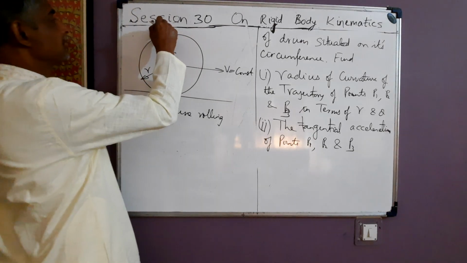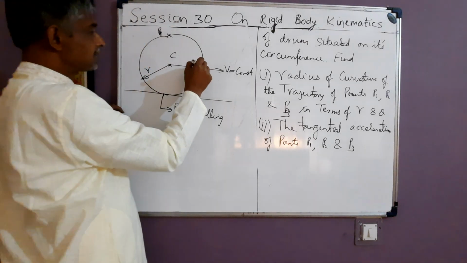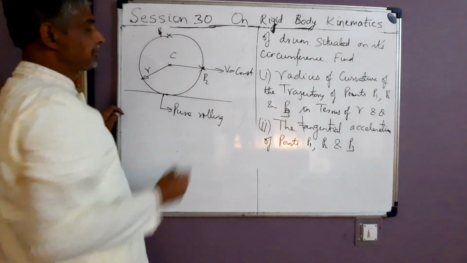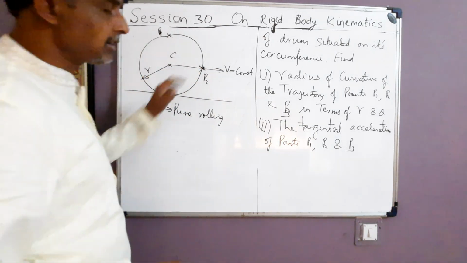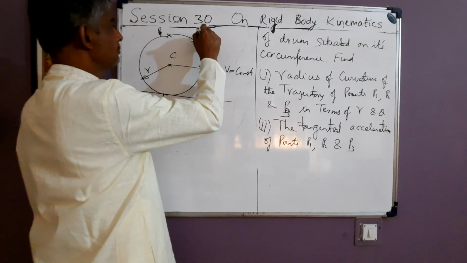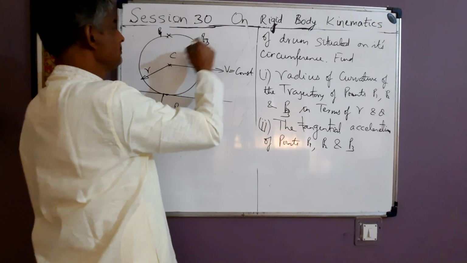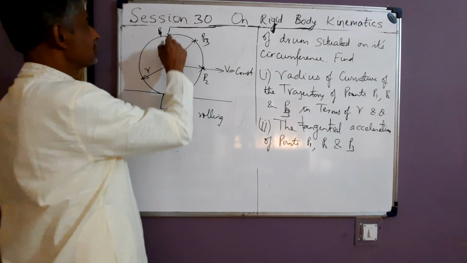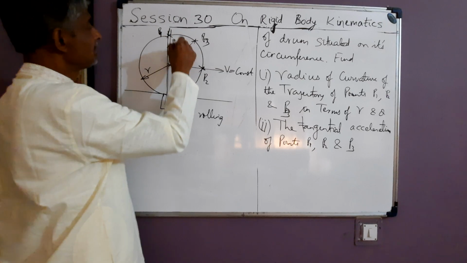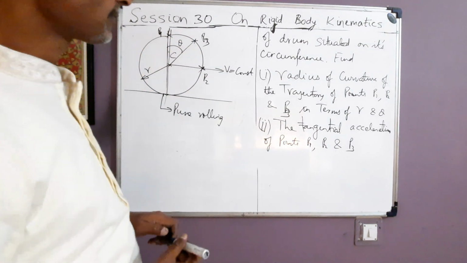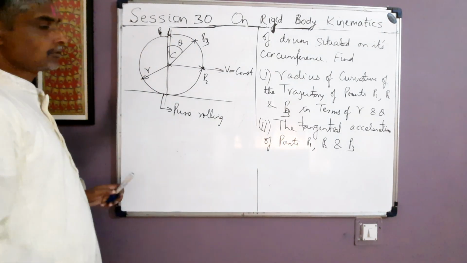P1 is the highest point of the drum at a certain instant. P2 is the point on the circumference at the same horizontal level as the center. And P3 is the point on the circumference which makes an angle of theta with the upward vertical.